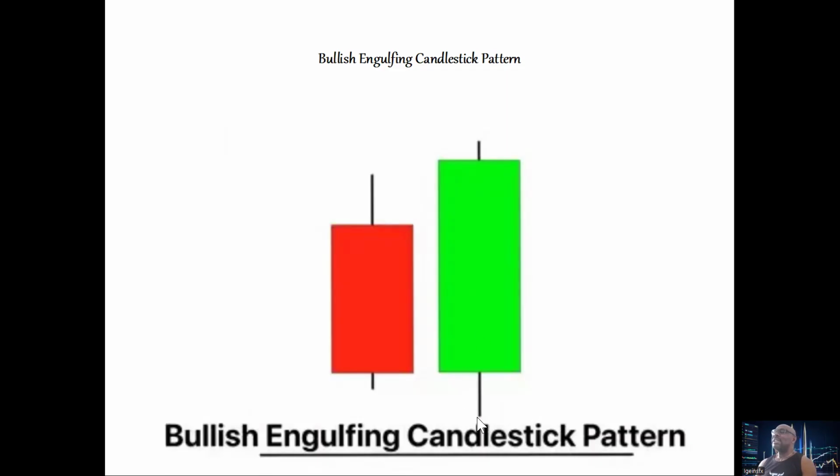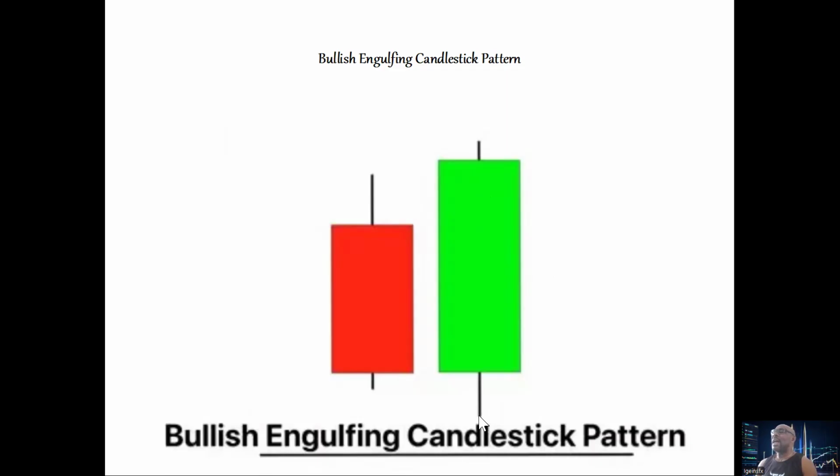Why? Because this is a sign that there is volume in the market. There are more buyers in the market than sellers. All right? More buyers than the sellers. So it will give you an engulfing candle. The bullish candle has engulfed the bearish candle.